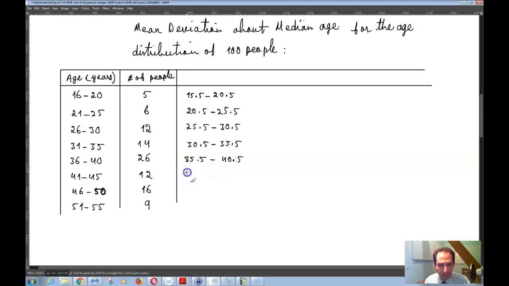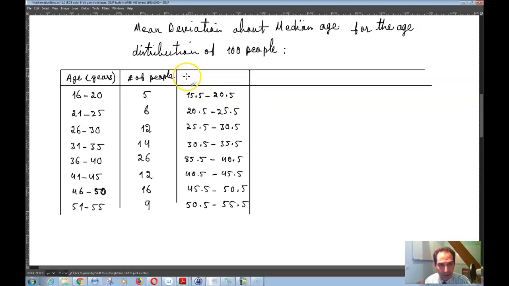And then again 40.5 to 45.5. And then 45.5 to 50.5. And then 50.5 to 55.5. That's the new classes.